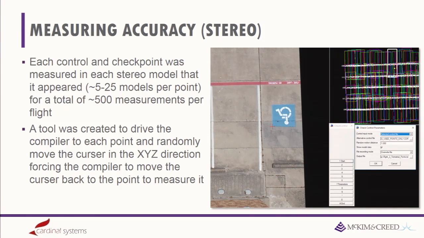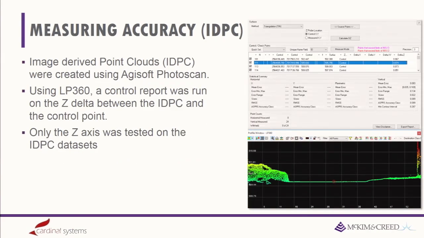It randomly shifted to cause the compiler to drive back to the point to measure it. And to compare that to the image-derived point cloud, we used LP360, which is a tool I'm sure a lot of you are familiar with, and we just measured the delta Z on those points.